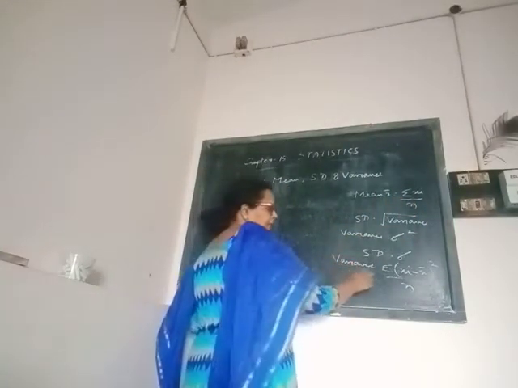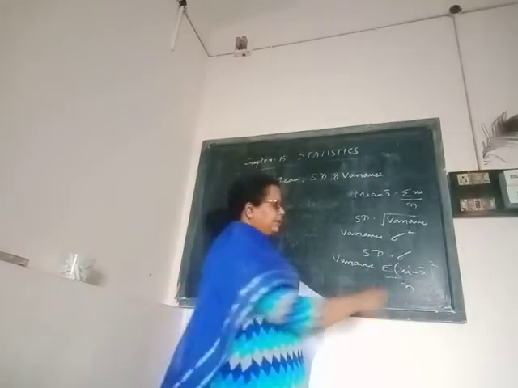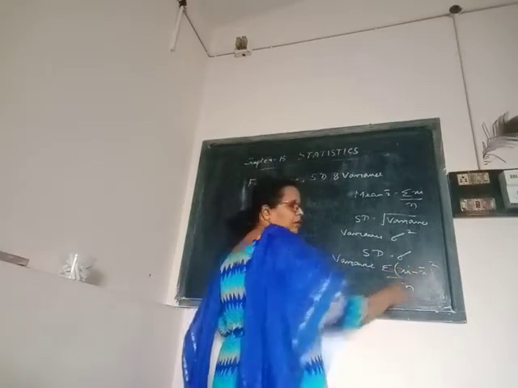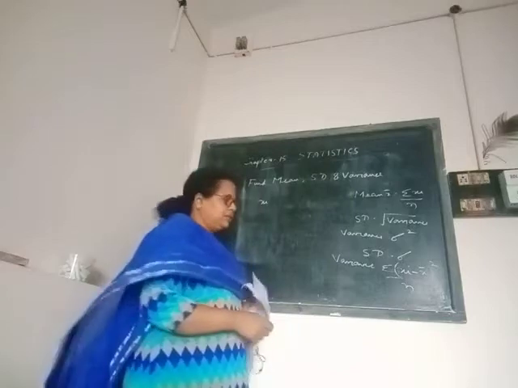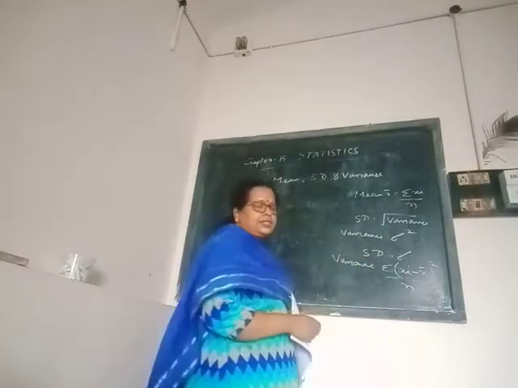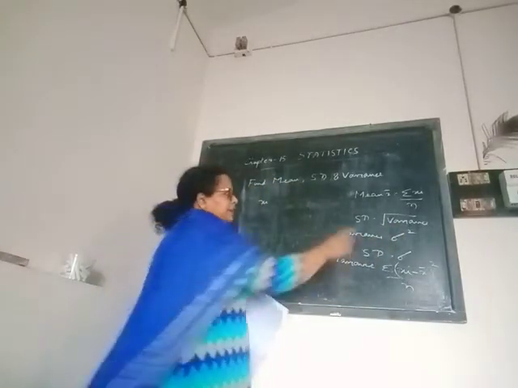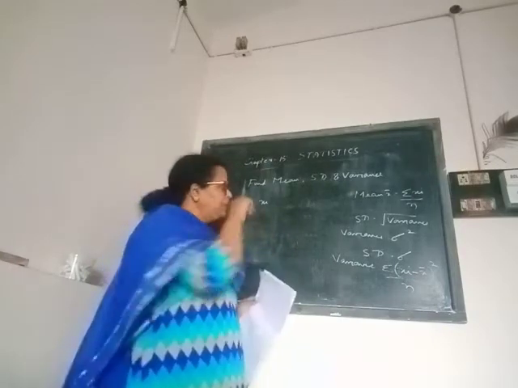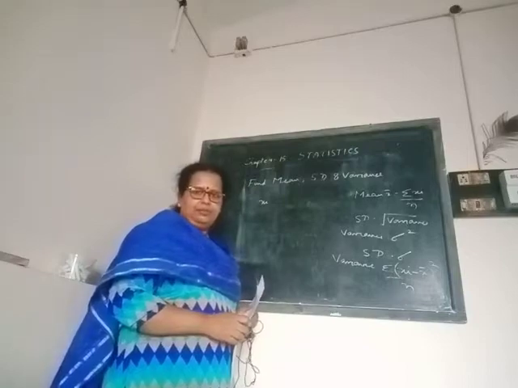And variance is sigma xi minus x bar, where x bar is mean, whole squared by n. N means number of observations. Once you get variance, we can find standard deviation sigma by finding the square root of variance. And these formulas are used for raw score. Raw score means when the observations are listed, not in a frequency table.